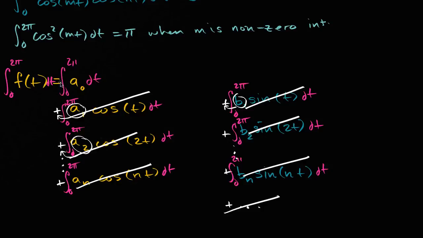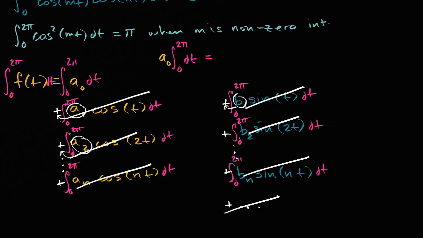And so what is this going to be equal to? Well, let me write it this way. We're going to take the definite integral from 0 to 2 pi of a sub 0 dt. Once again, we could take the coefficient a sub 0 out, and I could just put the dt like this.